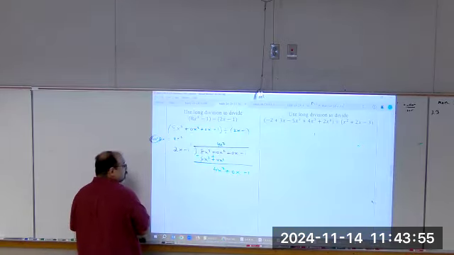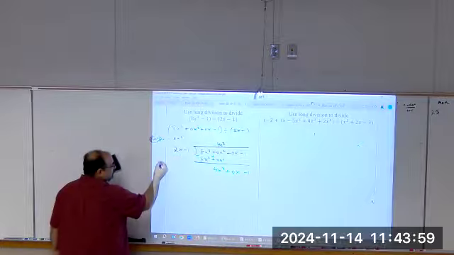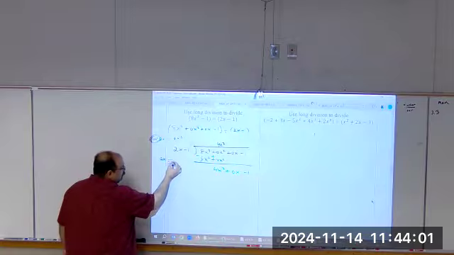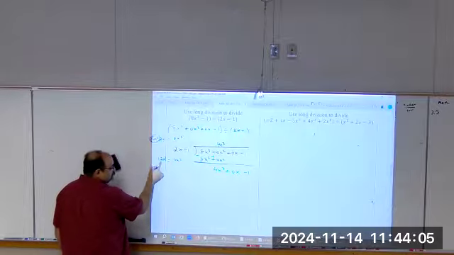We slide over, and we're now in the x to the first column. We have a 2x, and we want a 4x squared. So what times 2x gives me 4x squared?